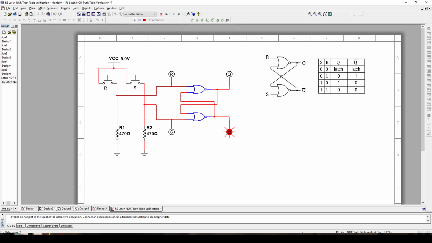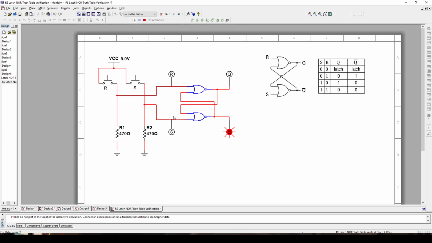Here's a resistor, 470 ohms, and the input to this top NOR gate is connected to this point right here. So when the switch is open, the whole system is pulled down, so it rests at 0, and once we press the momentary switch, then for that moment of the switch being pressed, of course this system goes high. All right, so it's a pull down system because it rests down at 0.